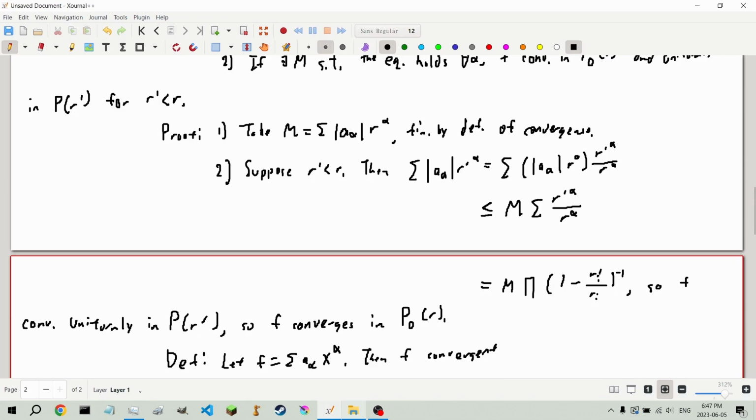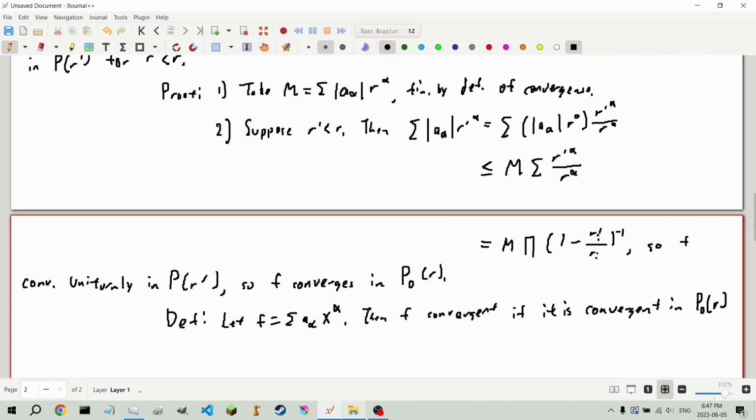Not saying that it's convergent in a polydisk, just that it's convergent in general, if it is convergent in P sub 0 of R for some positive R.